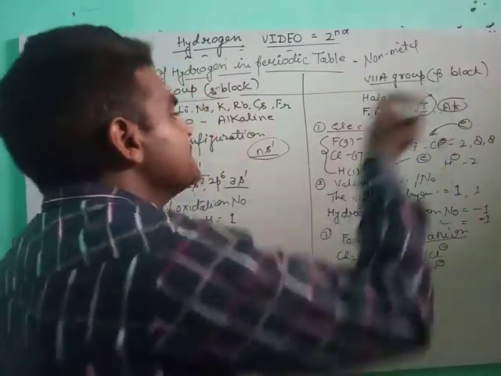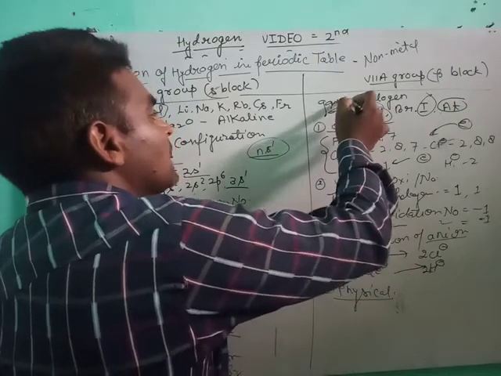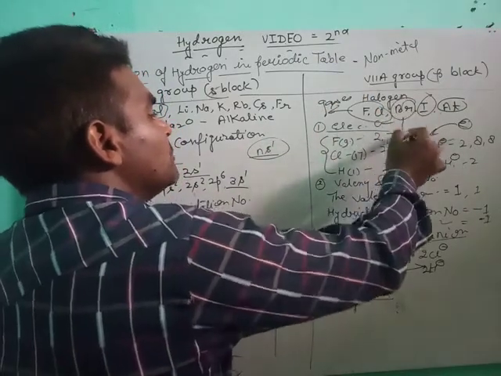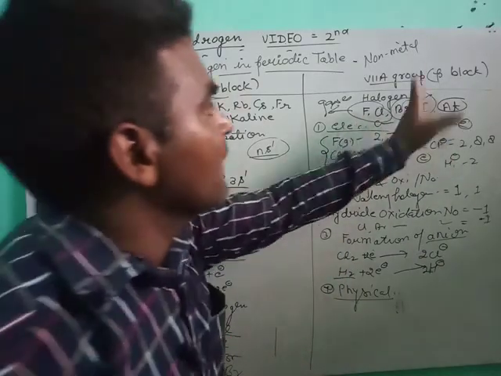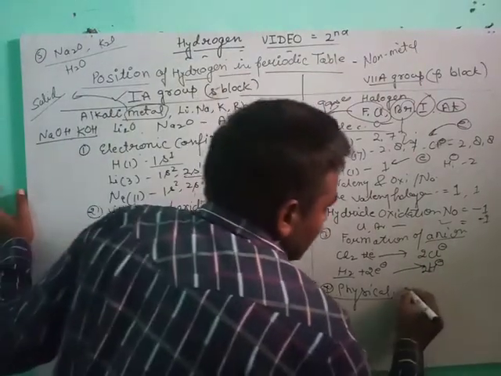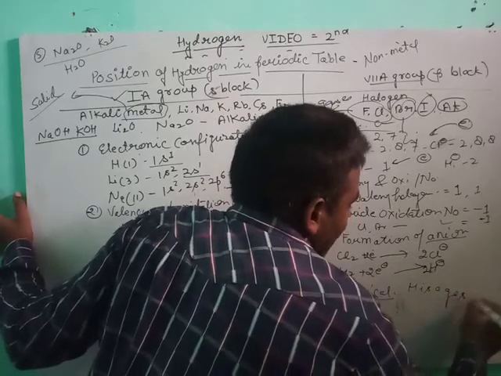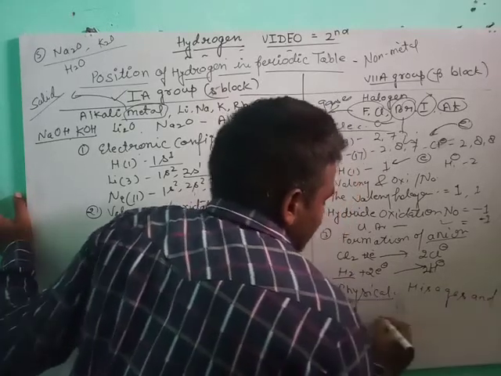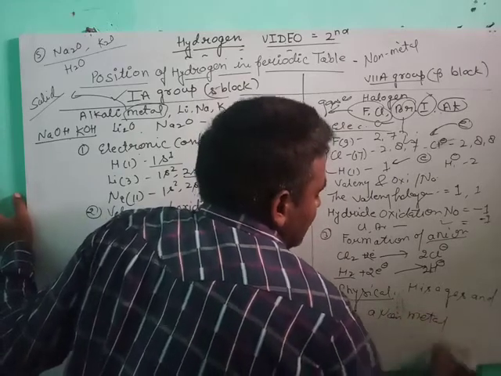Only iodine is solid. These are gases, and this is the liquid. And the most important property is that these elements are non-metals. And hydrogen is a gas and a non-metal.